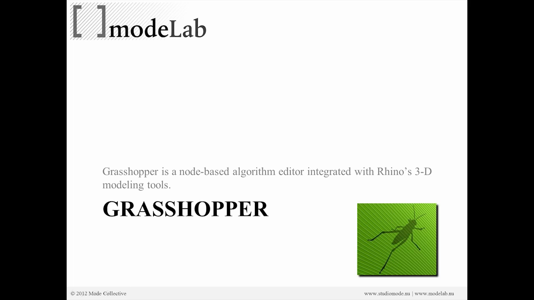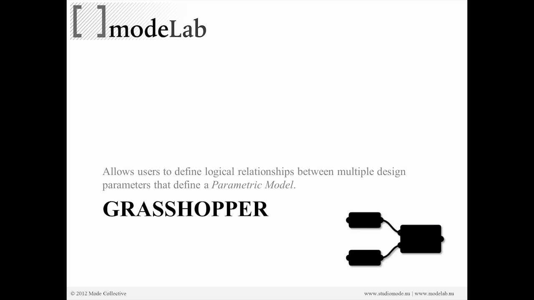That means it's a plugin for Rhino, and as opposed to text, we're actually going to be making connections between objects to define logical relationships, and thereby creating a parametric model. And a parametric model is just something that changes in a coordinated way when the inputs of that model change.